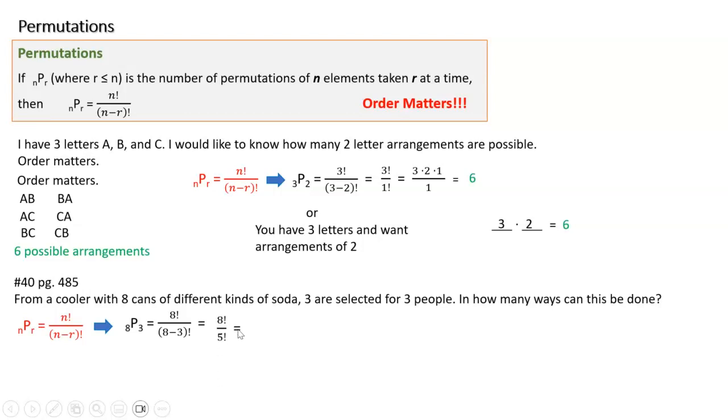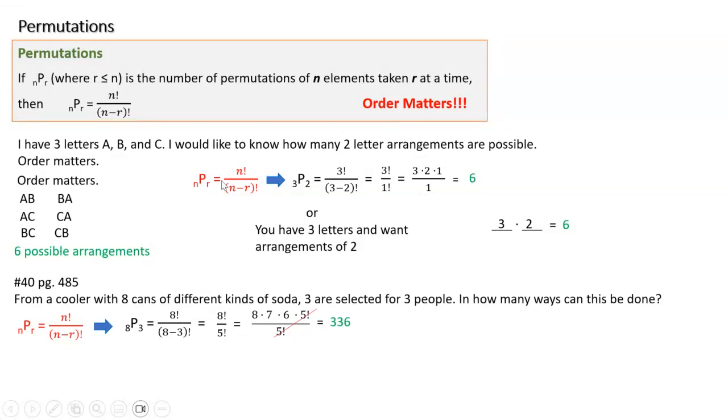So it's going to be 8 factorial divided by 5 factorial. So 8 factorial is going to give us 8 times 7 times 6 times 5 factorial. Why did I stop here at 5 factorial? Because this way we can cancel the 5 factorials to give us 1. So we're left with 8 times 7 times 6, and the answer will be 336.